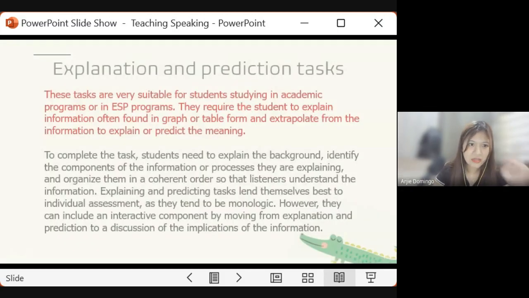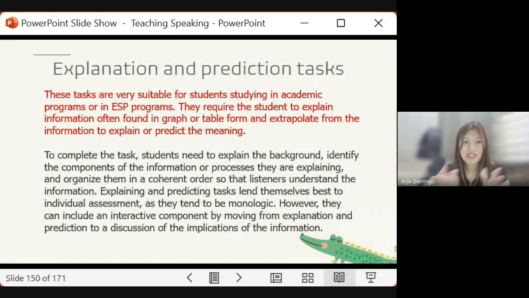And then the last one for this set of activities is the explanation and prediction task. So, as you could read from its title, the students will be predicting or explaining what could possibly happen next. All right.